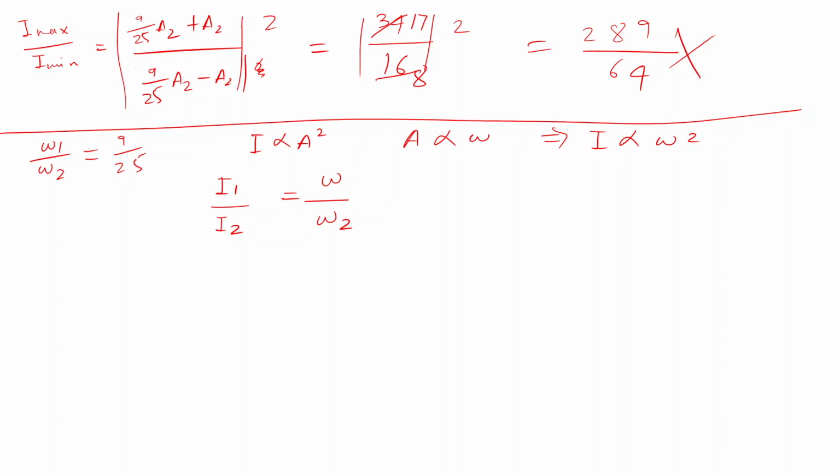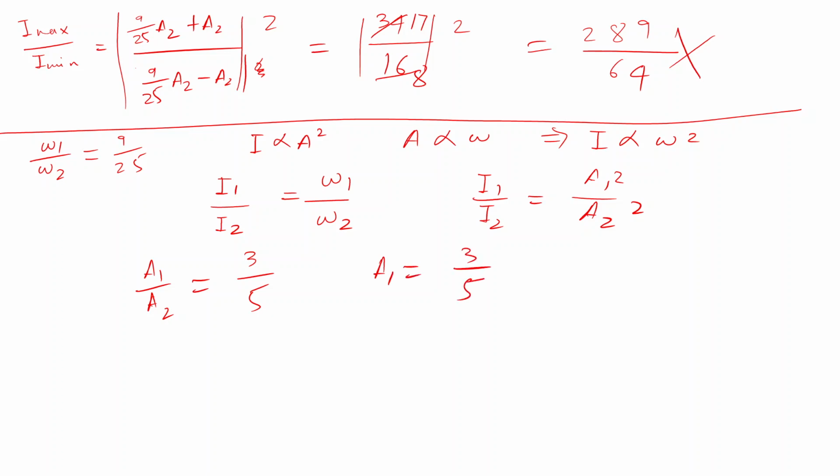From this we get I1 by I2 is equal to A1 square by A2 square. So A1 by A2 will be the square root of 9 by 25, which is 3 by 5. So A1 will be 3 by 5 A2.